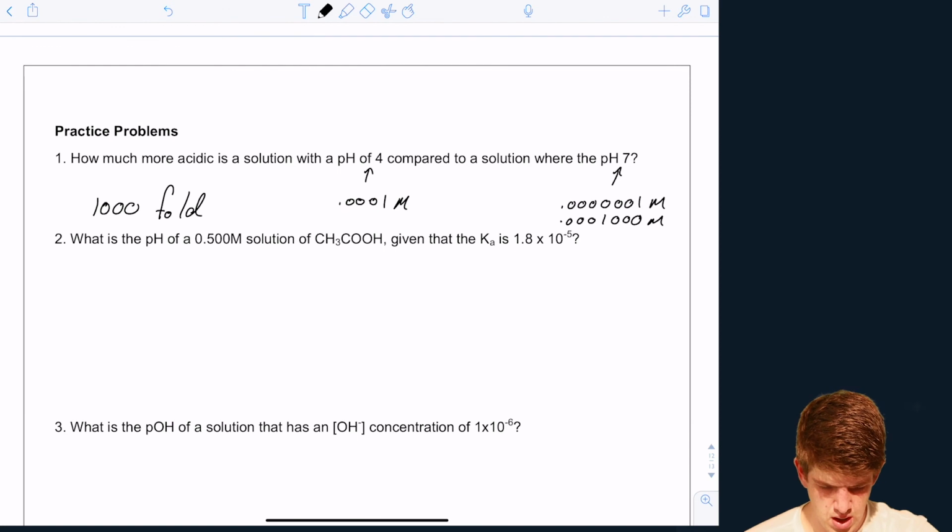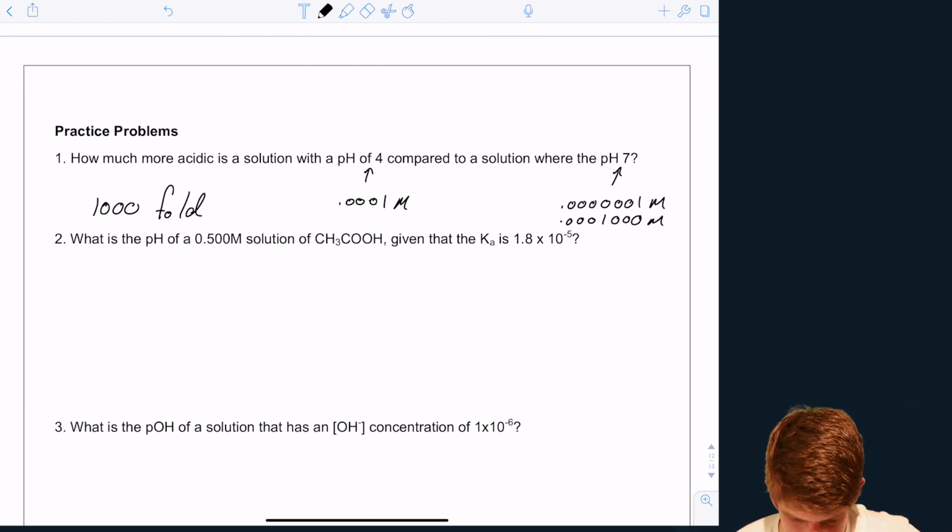1,000-fold. What is the pH of a 0.5 molar solution of CH3COOH, given that the Ka is 1.8 times 10 to the negative 5? So, what am I going to be after? Well, I need to find the H plus concentration.